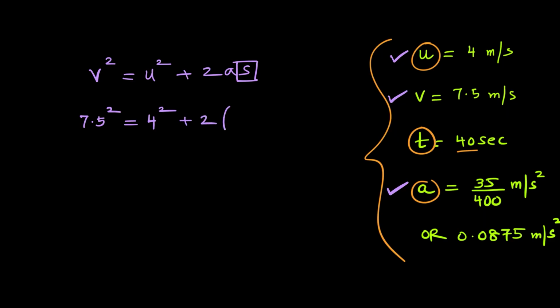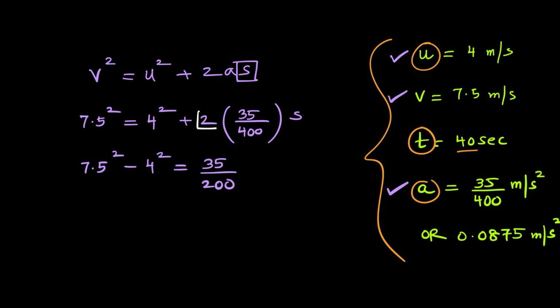This is 2 multiplying with 35 over 400 multiplying with S. So 7.5 squared minus 4 squared equals 35 over 200. I have taken this 2 and cancelled it off with this one, leaving behind a 200. That is multiplying with S.